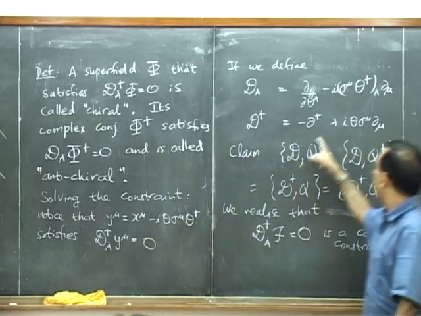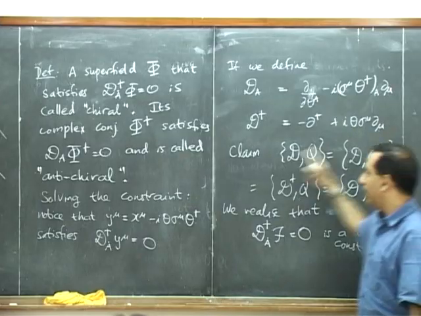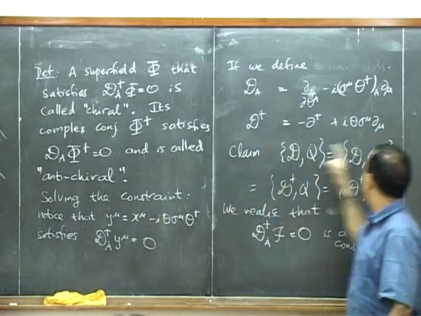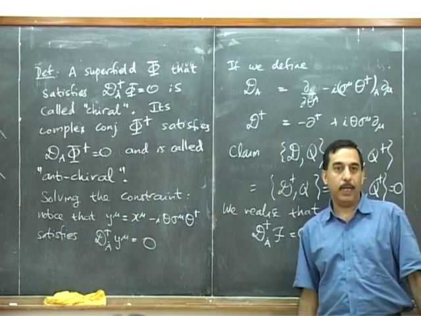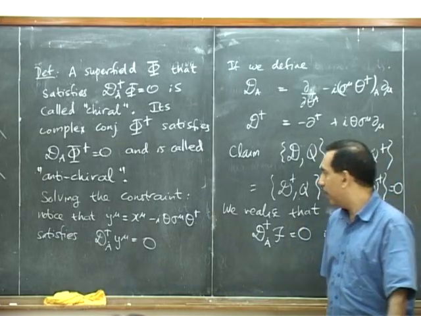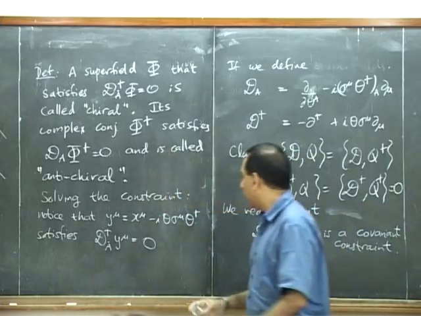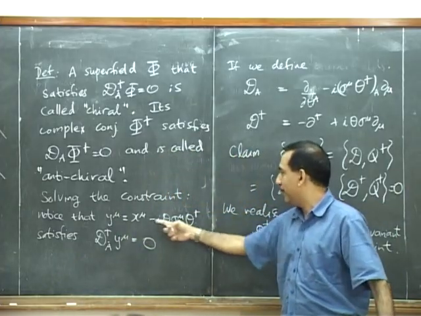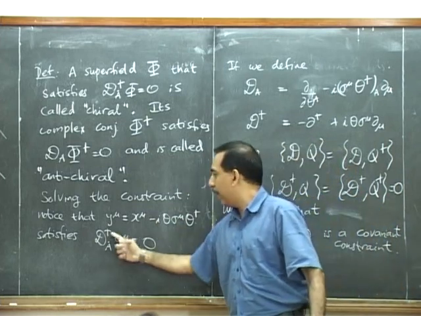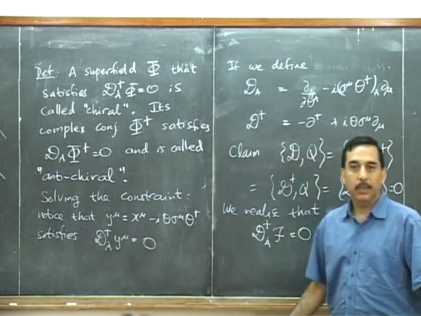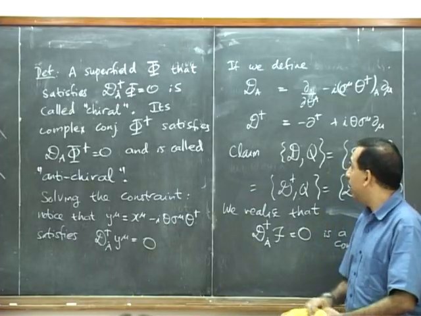The other term in D dagger is going to differentiate x and leave behind theta sigma mu, and hopefully the two will add in the right way and cancel. So there's a complex coordinate x mu minus I theta sigma mu theta dagger, which is annihilated by D dagger. It's just an observation.